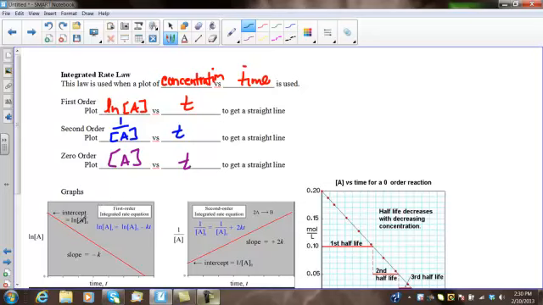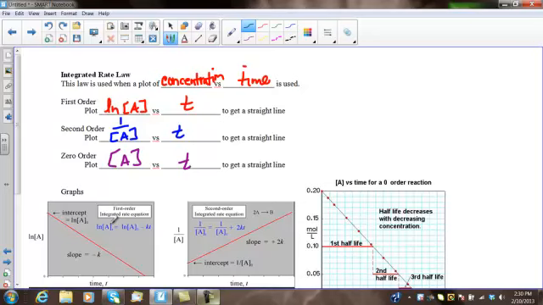Okay, so let's just review. Integrated rate law. This law is used when a plot of concentration versus time is used. First order plot: if you're plotting the first order, it'd be the natural log of the concentration of A versus t to get a straight line.